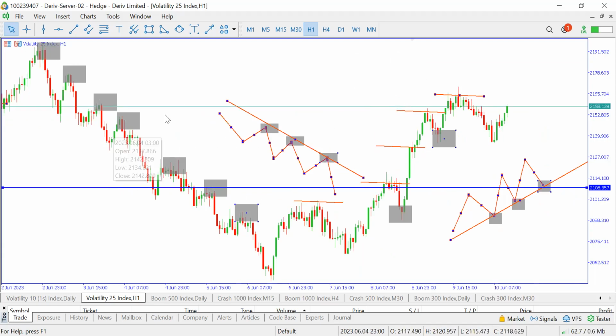So I'll repeat that. Our points of interest in every market, whether you're trading Forex or synthetic indices, for a bullish market, our points of interest are at the higher lows, while for a bearish market, our points of interest are at the lower highs.